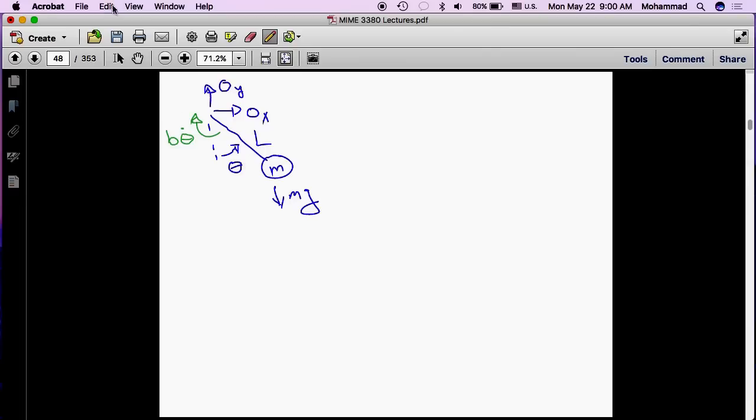So it would become I about point O theta double dot is equal to the sum of the moments also about point O. So that point becomes important, the point about which we are writing the equation. Now for a point mass, do you guys remember what I about point O of mass m is going to be?